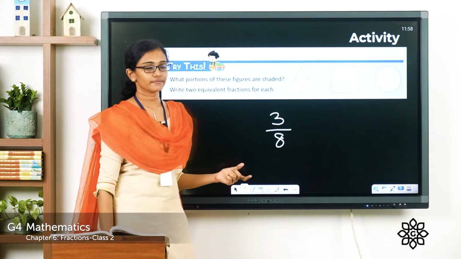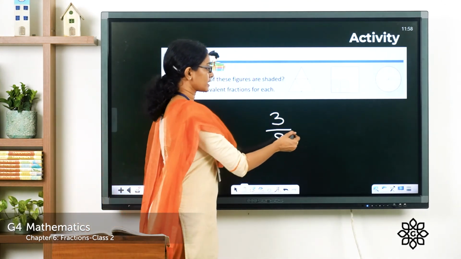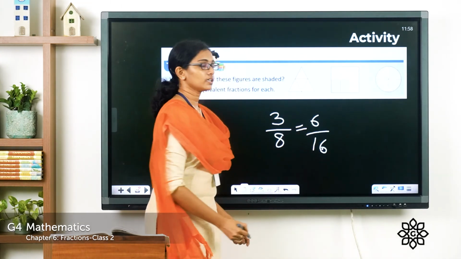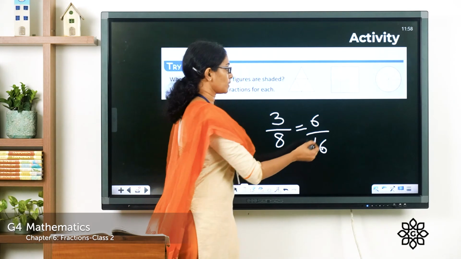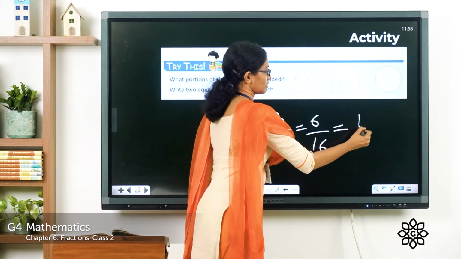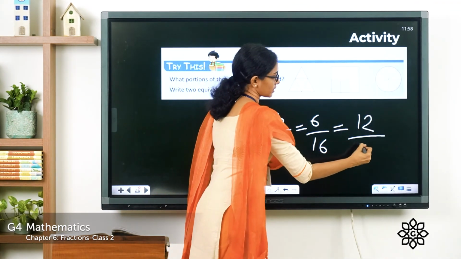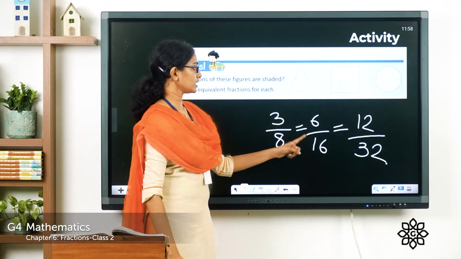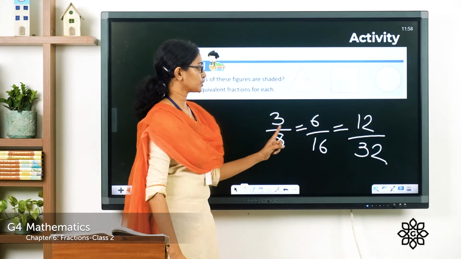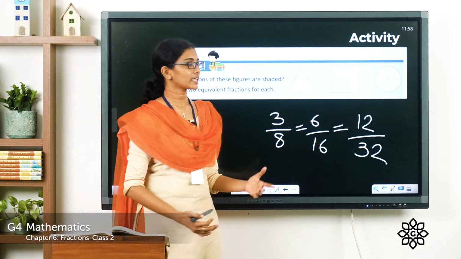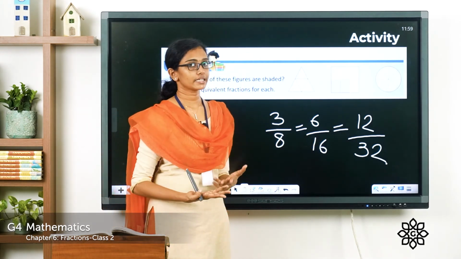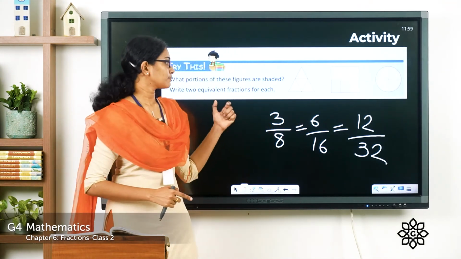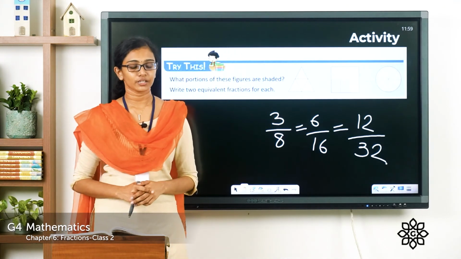Shall we write two equivalent fractions? 3 by 8 is equal to 6 by 16 and 3 by 8 is also equal to 12 by 32. 3 into 2 is 6, 8 into 2 is 16, 3 into 4 is 12, 8 into 4 is 32. So you can take different numbers but make sure you are using the same number to multiply both the numerator and the denominator.